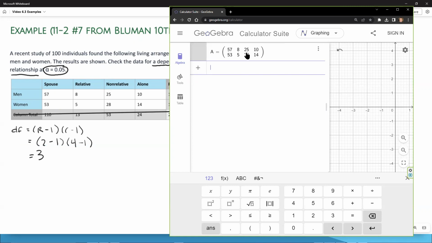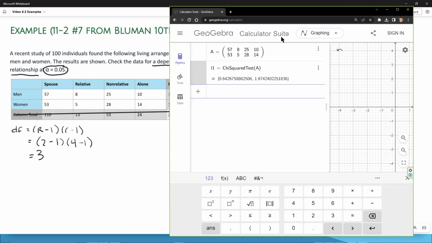And I do 57, 8, 25, 10 in the first row, 53, 5, 28, 14 in the second. So that's a good sign. And then we just run the function call, ChiSquaredTest A, and it spits out a p-value of 0.6427.